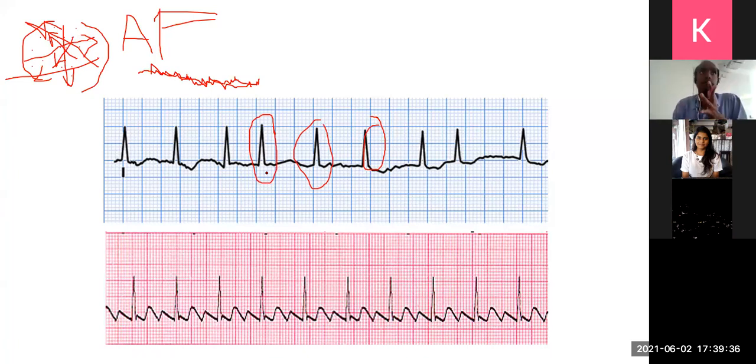Irregular baseline, normal QRS, and as you can see, the rate is completely irregular. Atrial fibrillation: irregular baseline and irregular QRS complexes.